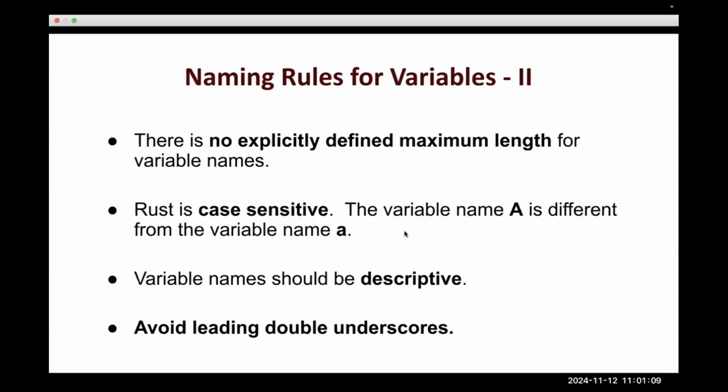So for variable names, there's no explicitly defined maximum length, which means you can use very long variable names. Not many programmers try that, and I never tried how long a name can be in Python either. Probably you can use very long names in Python as well. And Rust is case sensitive. There are not so many languages that are not case sensitive, for example Fortran, I think MATLAB.